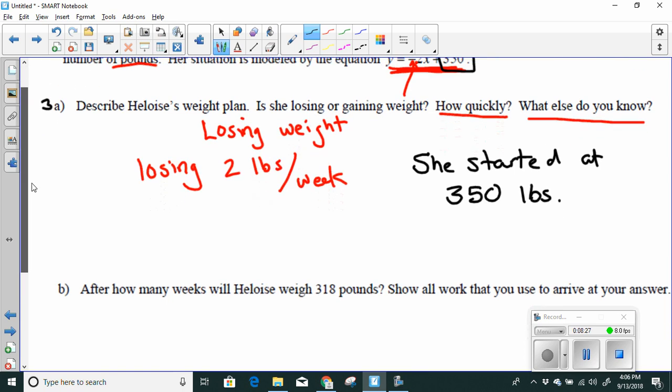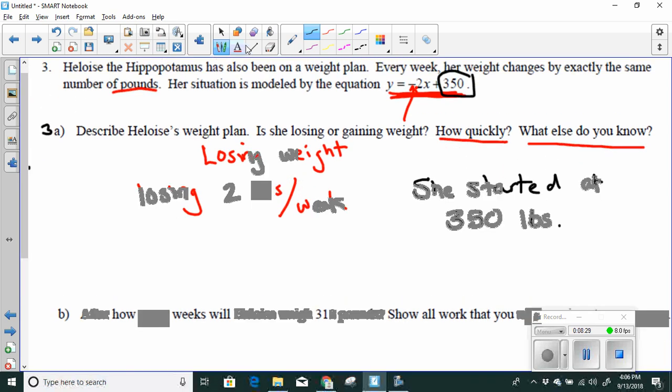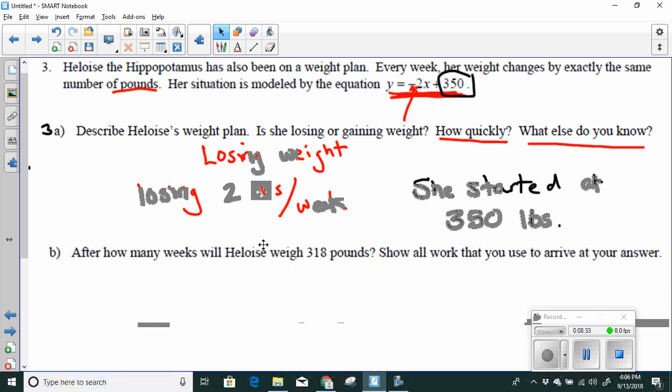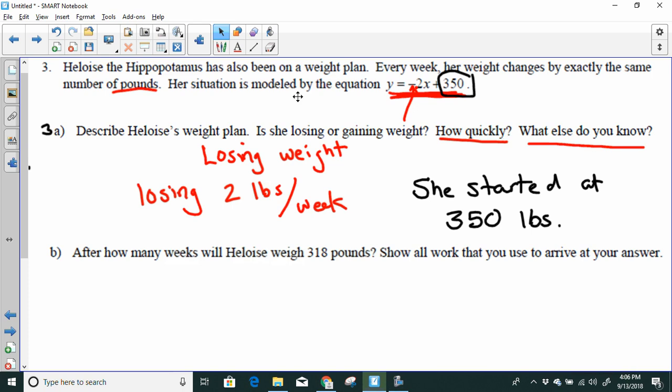Part B says, after how many weeks would she weigh 318 pounds? There are multiple ways to do this correctly. The way I would do it is I'd use the equation. I know that her equation is y equals -2x plus 350.